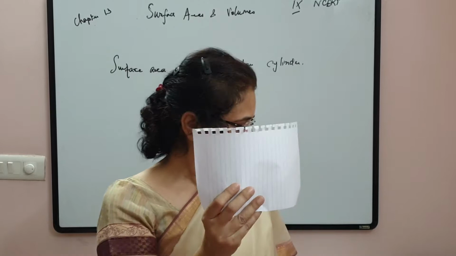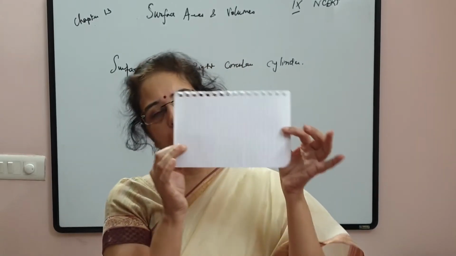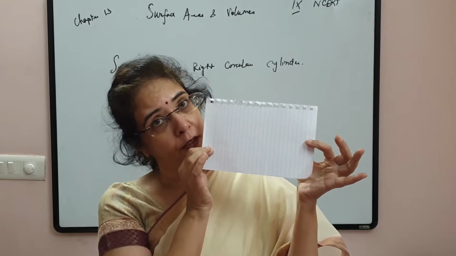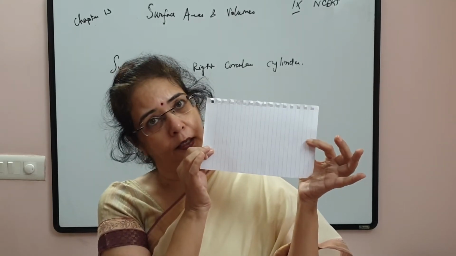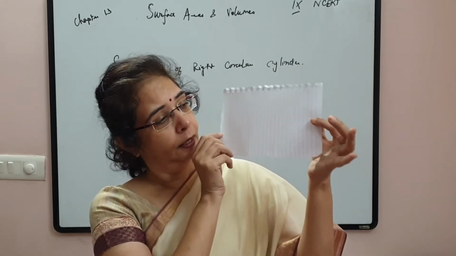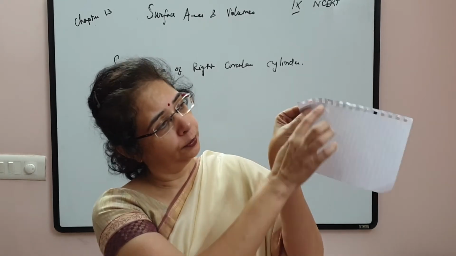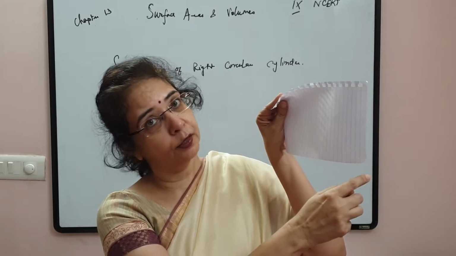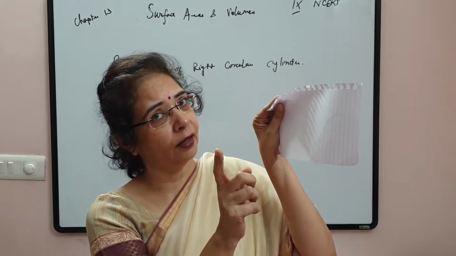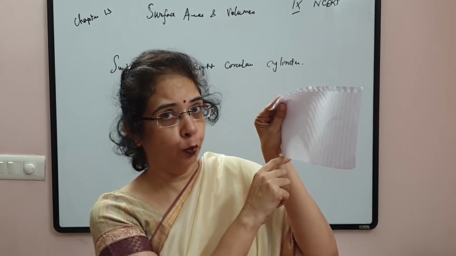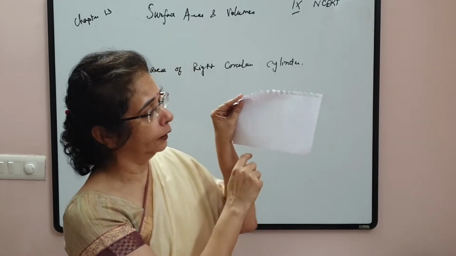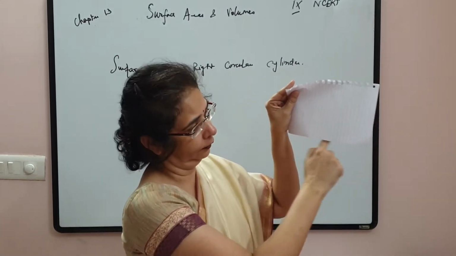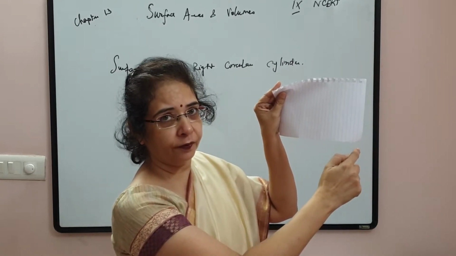Now you unfold this page. What is the area of this page? This is the area of the curved surface. And how do you calculate the area of this page? I have already taught you, this is the height h of the cylinder, and this is the circumference of the circle with radius r, so this is 2 pi r. So what will be the area of this page? It will be 2 pi r multiplied by h.